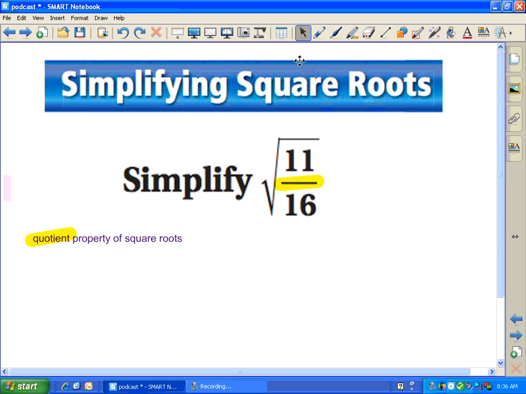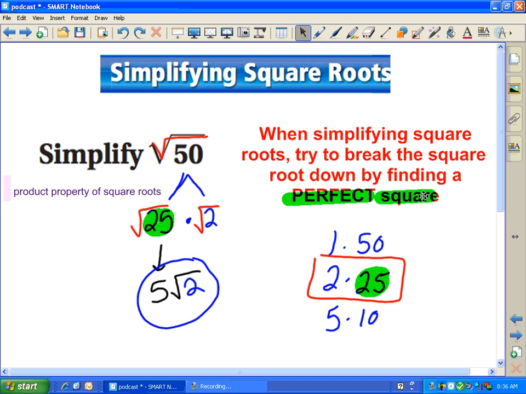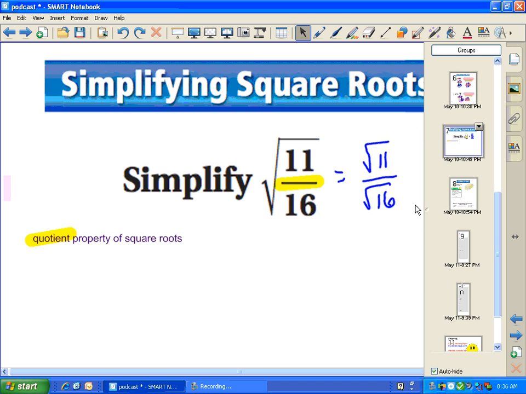They asked me to simplify this. I'm going to rewrite the problem: square root of 11 over the square root of 16. Well, remember, in our last example, we were always looking for perfect squares. Look for perfect squares right here.